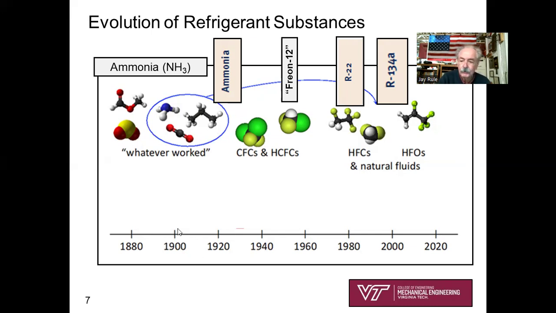So back before the turn of the 20th century, basically ammonia, NH3, was basically the only refrigerant that could be produced that worked, that could be used as the working fluid for a refrigeration cycle. And that's the sentimental journey of when my dad was growing up, sort of in the early to mid 20th century. There were some dangers associated with ammonia being used as a refrigerant.